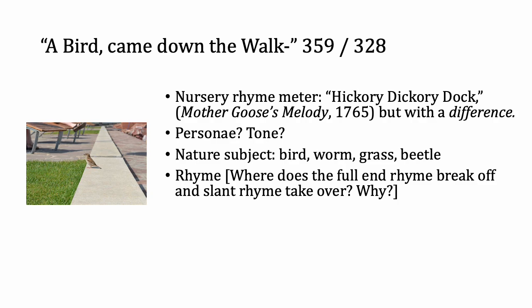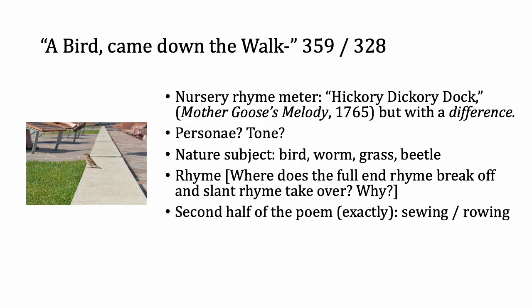The rhyme breaks off from full rhyme and goes to slant rhyme. Why? Because the static situation of the bird becomes fluid. He takes to his wing. He flies. So exactly the second half of the poem by line combines metaphors for sowing and rowing.